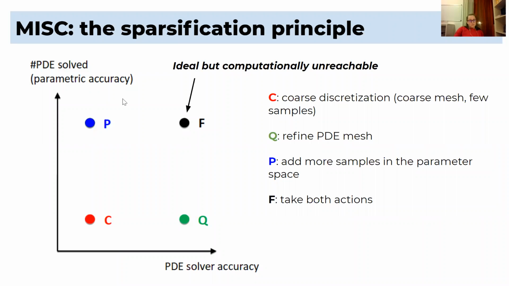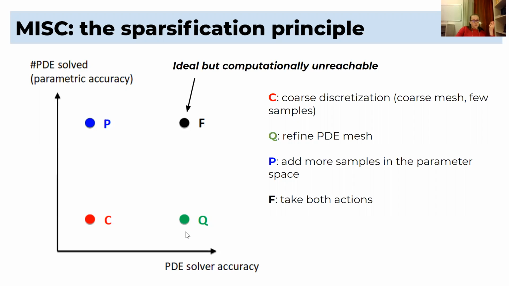And so we have these 4 dots here, which correspond to these different quadratures. The red dot would correspond to a coarse discretization, so when we would use a low fidelity model, and we would sample it on few points. Instead, when we consider the green dot, we consider a higher fidelity model.